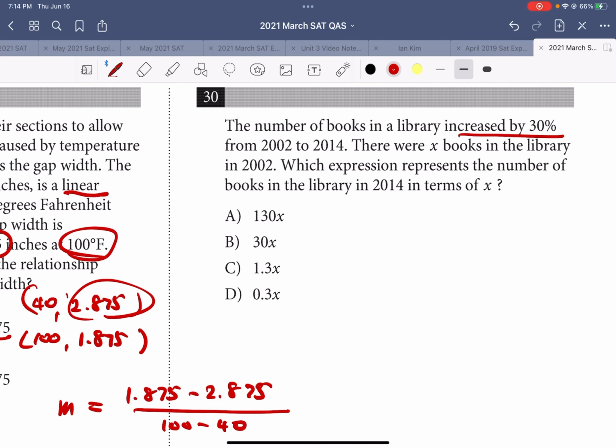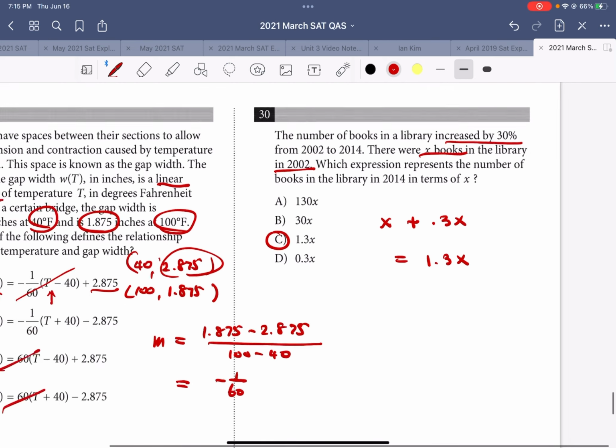So let's say X is the number of books in 2002, but 30%, 0.3x increase. Okay, so that is the number of books in 2014. So when you add up, 1.3x, so the answer should be C. 30% of that increased.